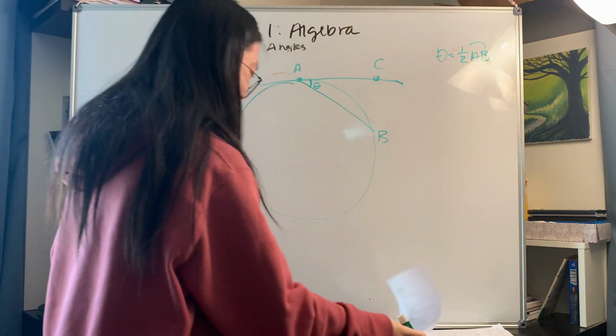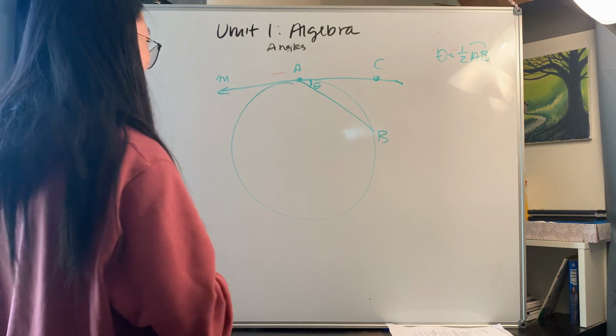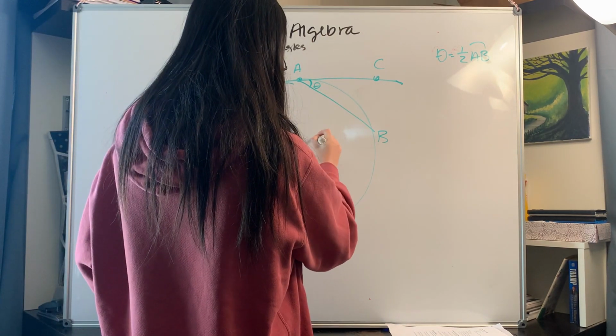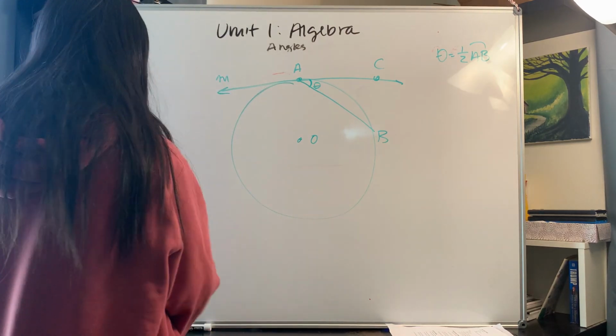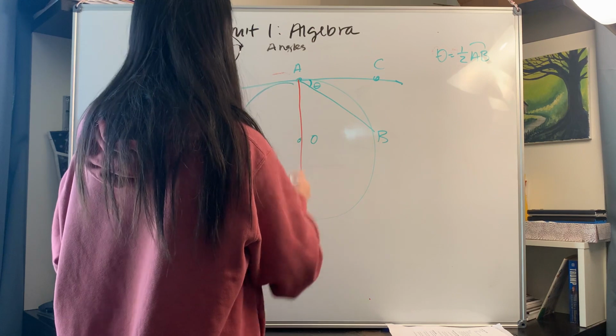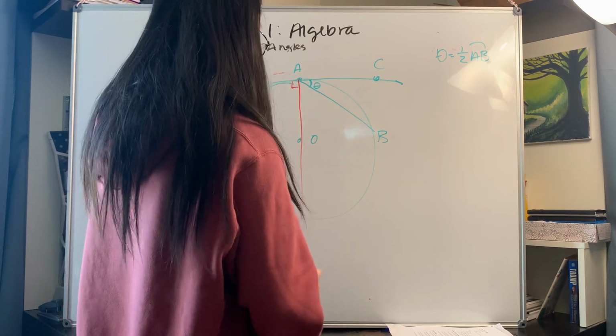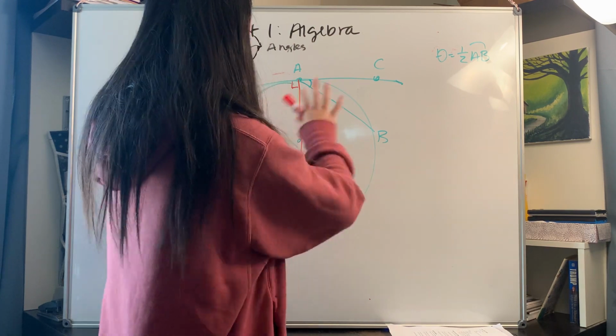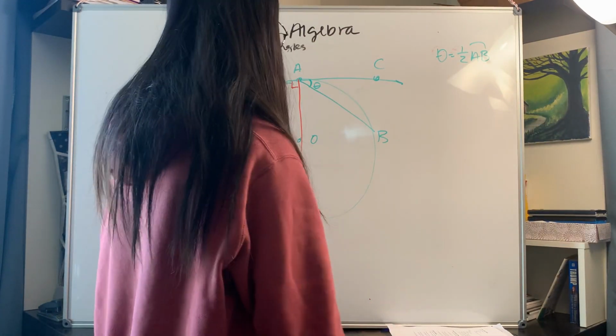And what we're going to do again for this proof is draw another helpful line. So I draw the center here, O. I'm going to draw a diameter from A through O, so it looks like this. Then this is 90 degrees. So what kind of information can we get out of this?